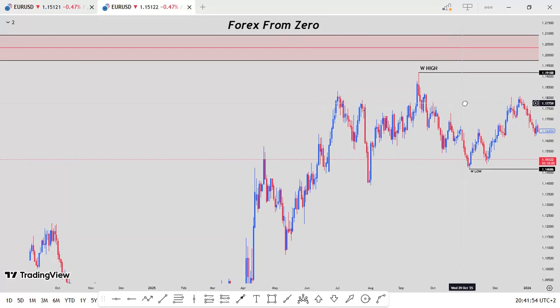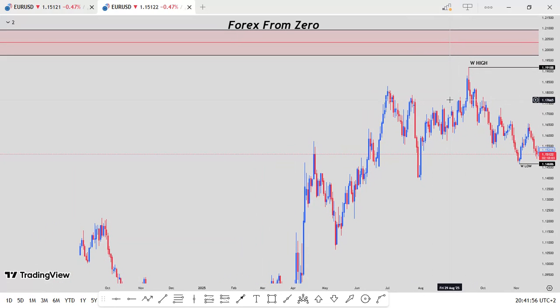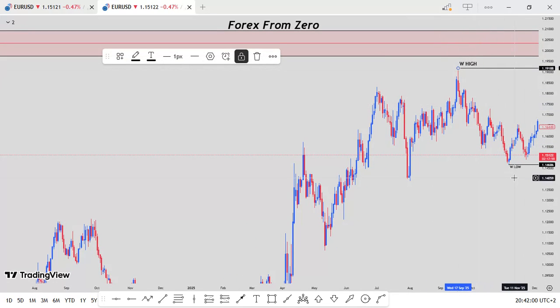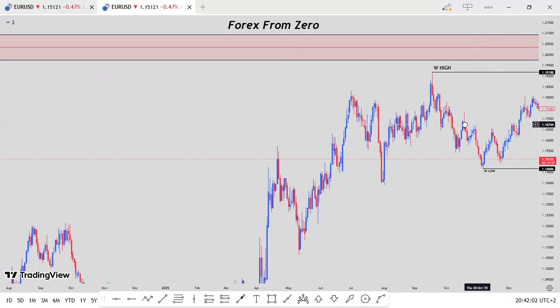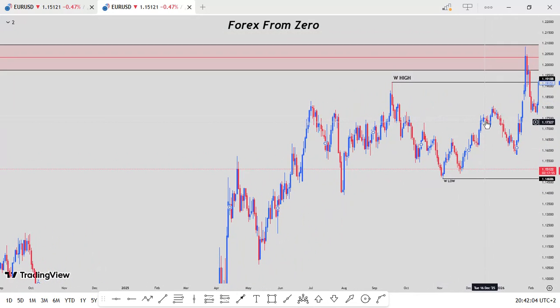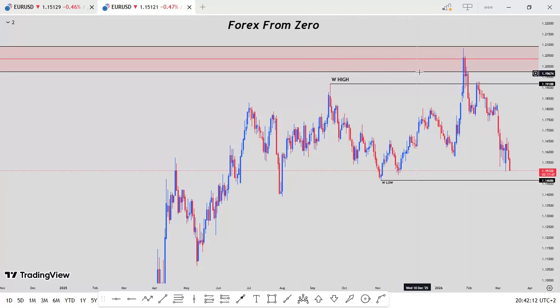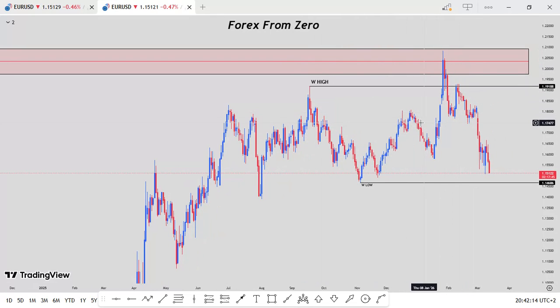Looking at the market, before anything happened, we had our high, we had our low here, and as price was moving, this is what happened. Once that happened, we took out this high, and the next possibility in the market is to take out another low, and this is what we're seeing happening.